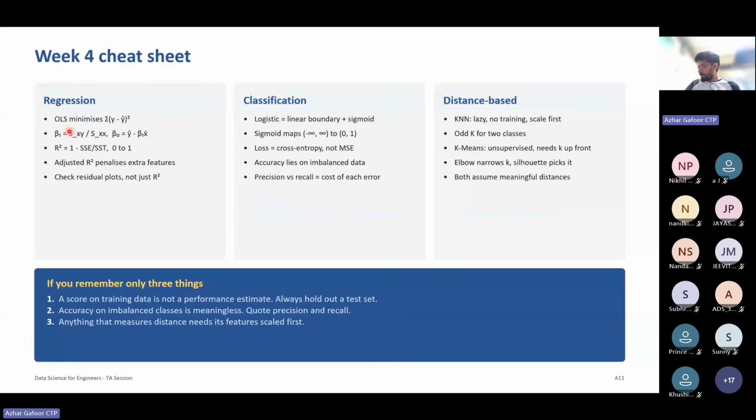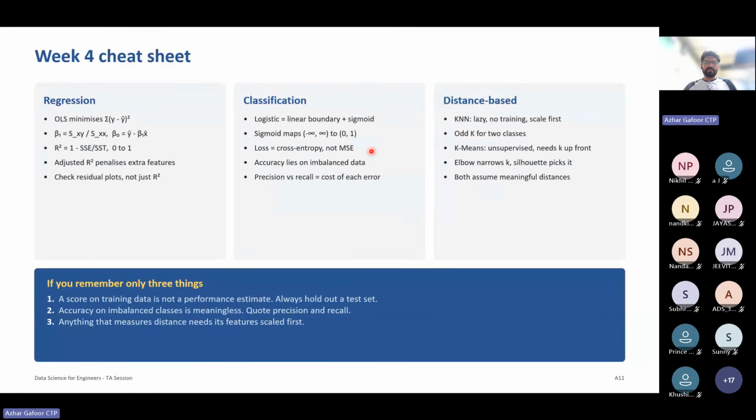In regression, we have discussed the ordinary least squares method, which minimizes the squared error of true minus predicted. Then we have B1 and B0, which are the coefficients or the values that we determine for the linear case. Then R square value, which varies from 0 to 1, and residual plots and all those things.